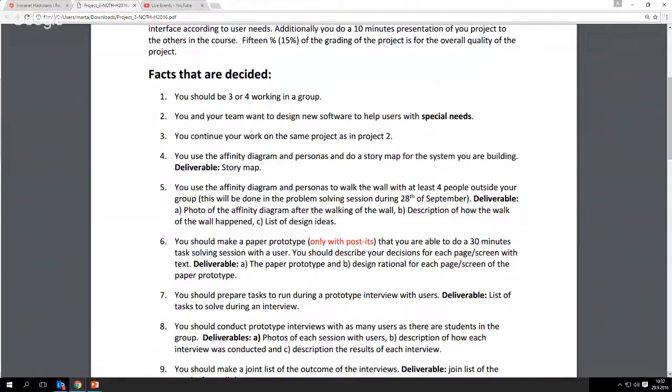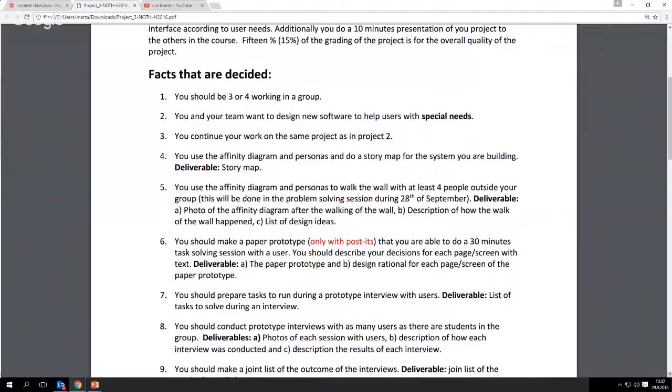Okay. Then you should make a paper prototype, and maybe when introducing this, it's easier to talk first about task 7. So you should prepare tasks that you will be able to run in an interview with users. Remember how we talked about how an interview with prototypes is conducted?